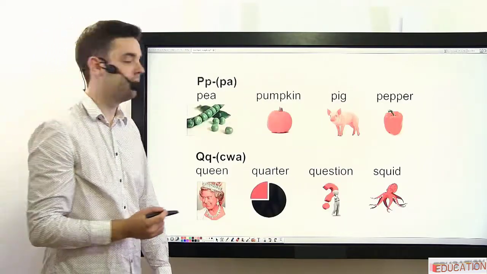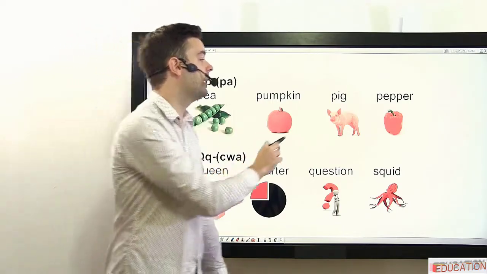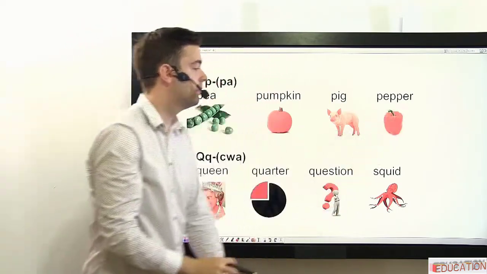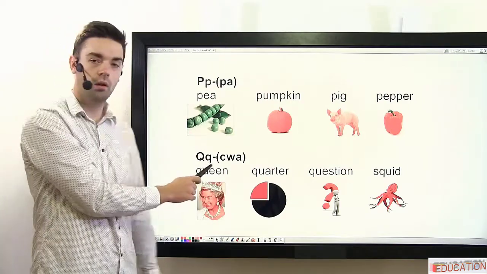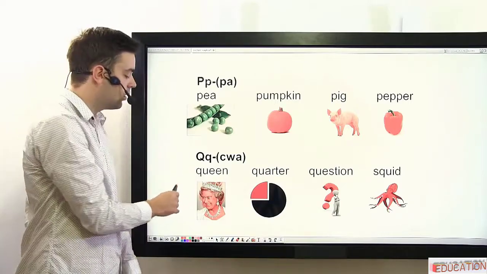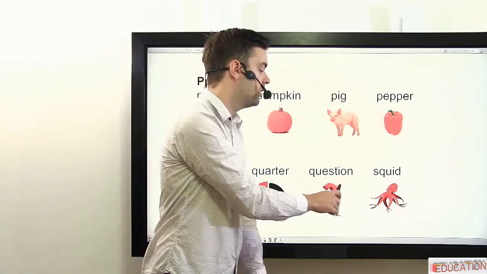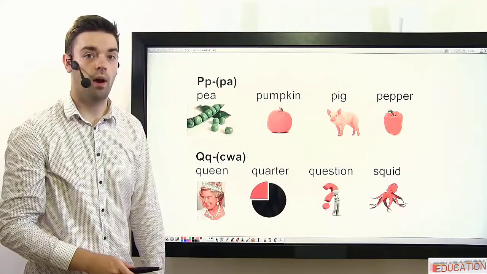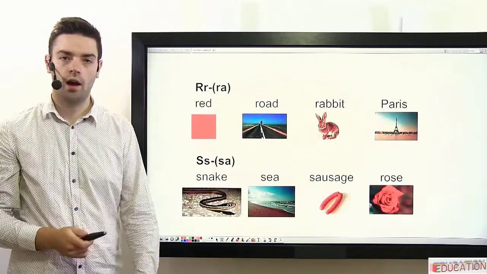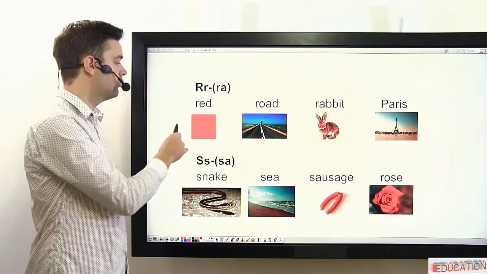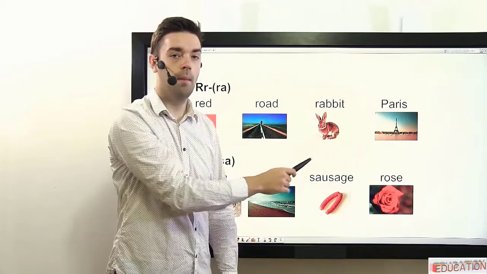P: pumpkin, pig, pepper. Q: queen, quarter, question, squid. R: red, road, rabbit, Paris.